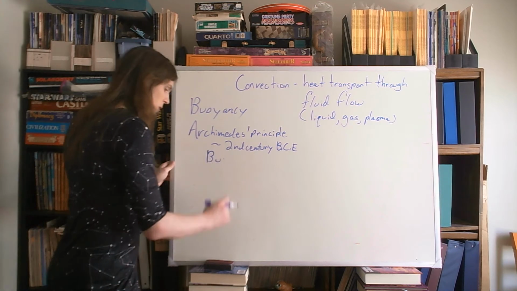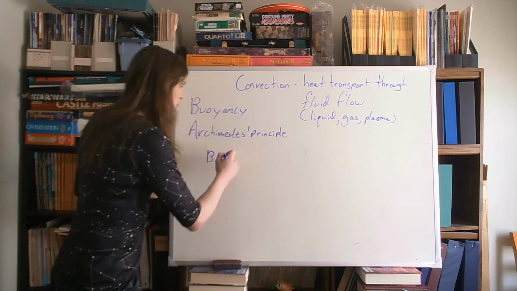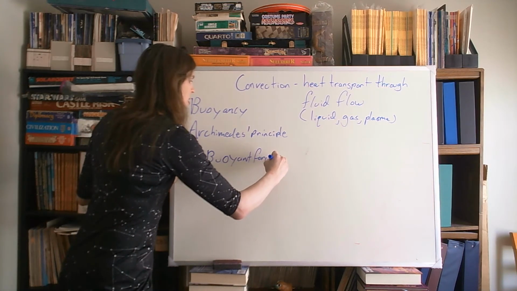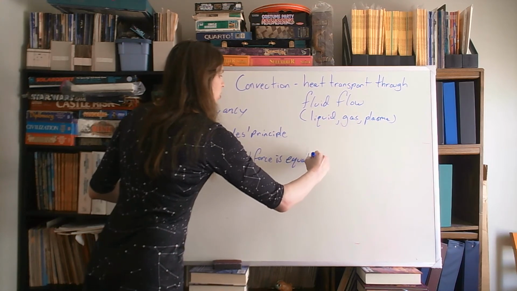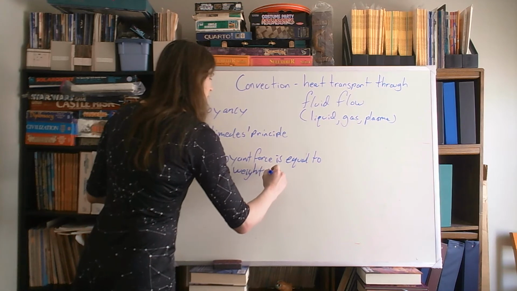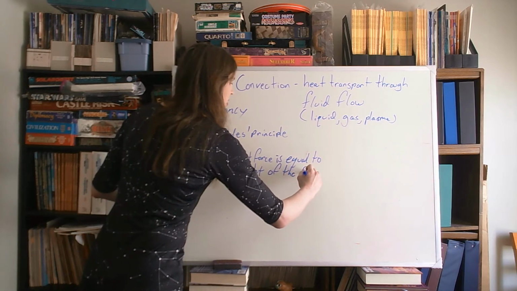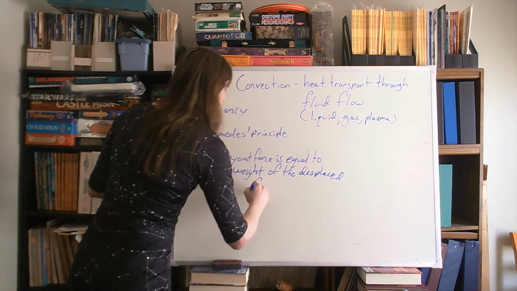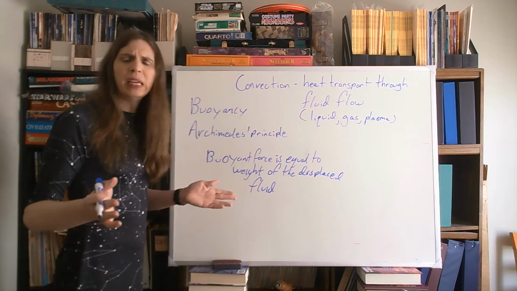But the Archimedes Principle itself says that the buoyant force is equal to the weight of the displaced fluid. And what does that mean?